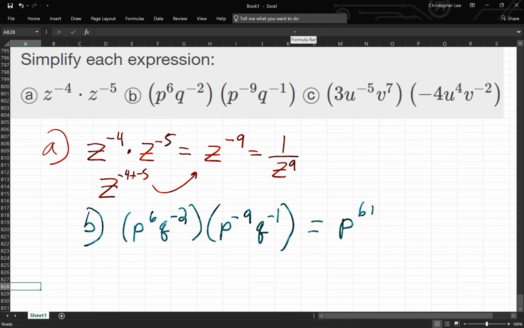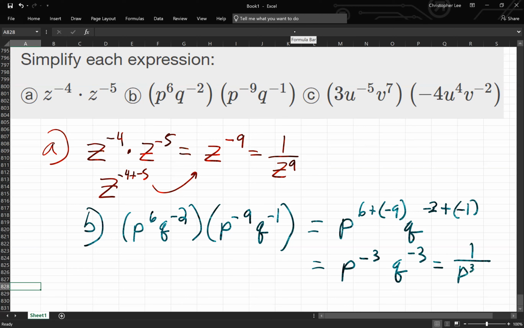So I have P to the 6 plus negative 9 and Q to the negative 2 plus negative 1. So P to the negative 3, and Q to the negative 3. So what does that become? One over P cubed, Q cubed. It's not bad.